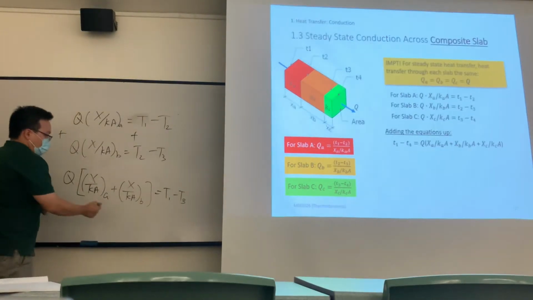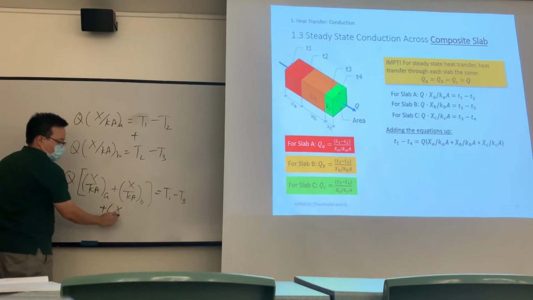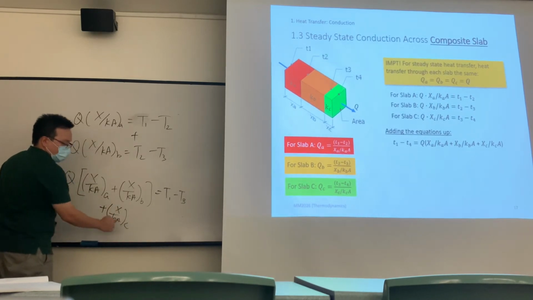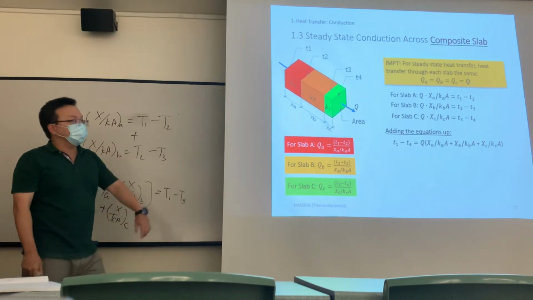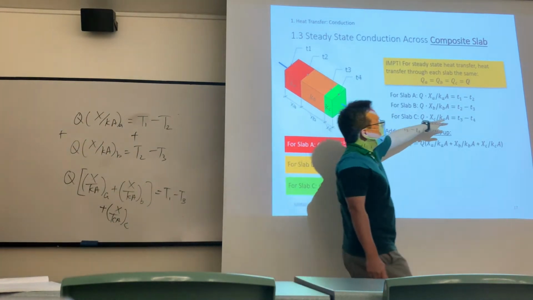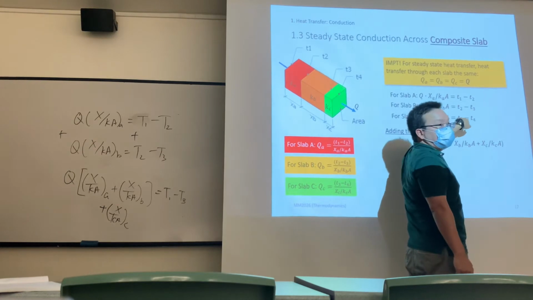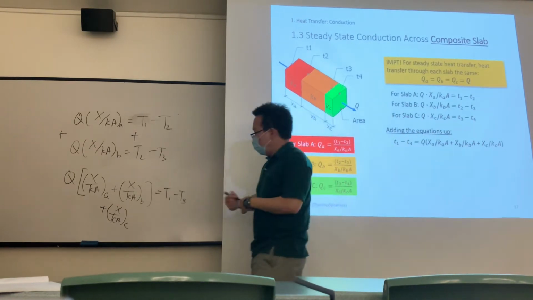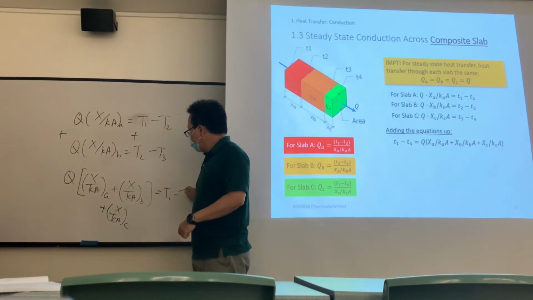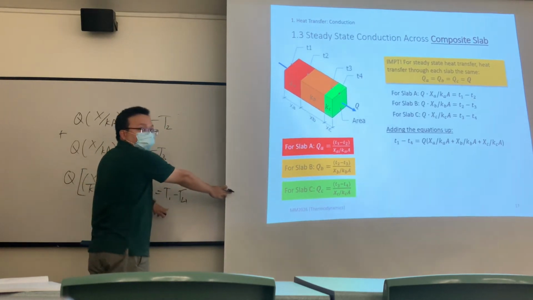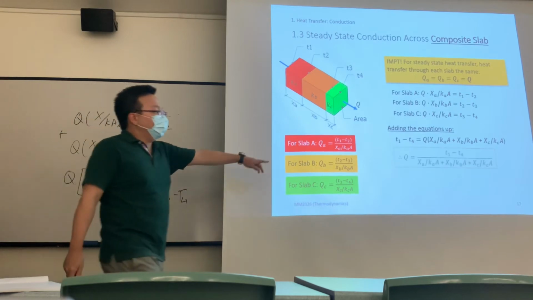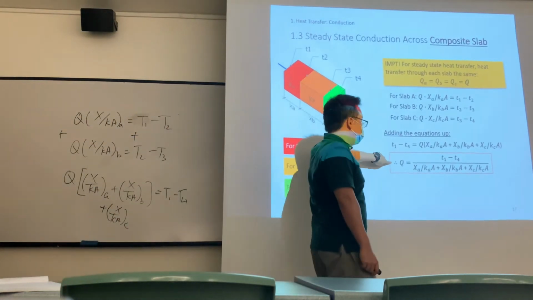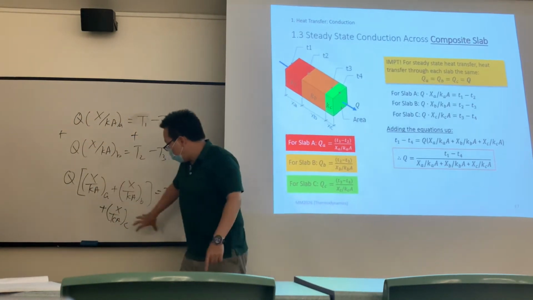Three terms. Then the temperature becomes T4, because your T3 will cancel with the minus T3. So this one will become T4. Make sense?